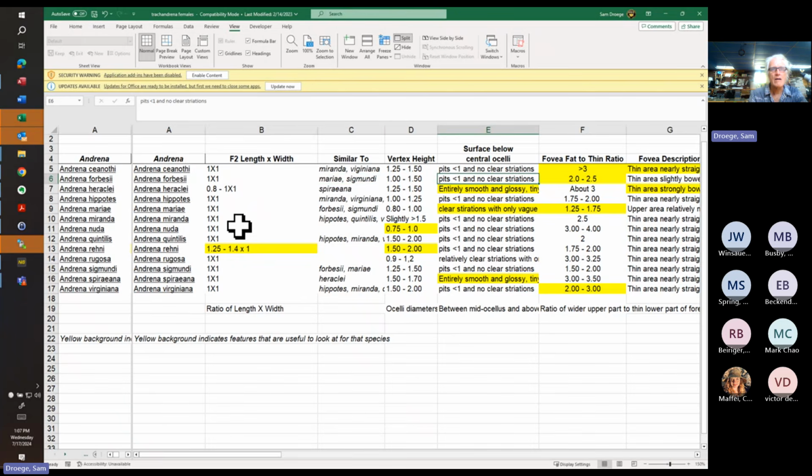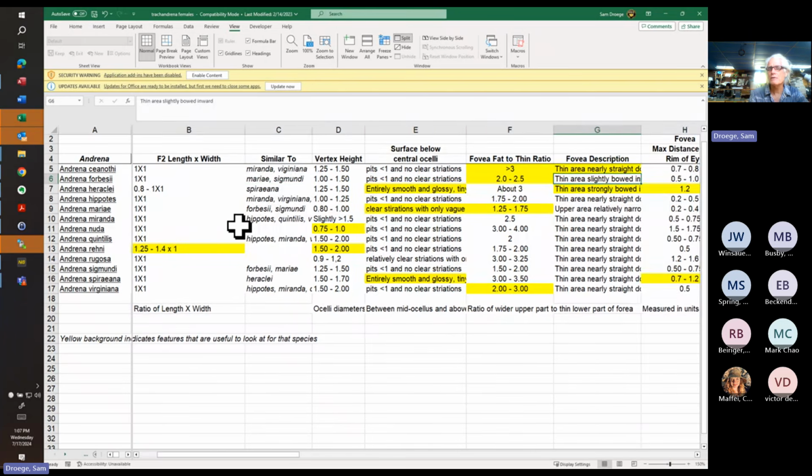There are a bunch of different characters here, some of which are pretty subtle, but the idea is this is a subtle group, so you want to use that string of evidence to help identify it. You don't want to just split things on one character, because a lot of times it's a little ambiguous and there can be variation in the amounts.